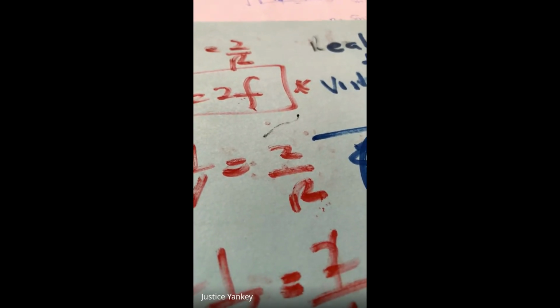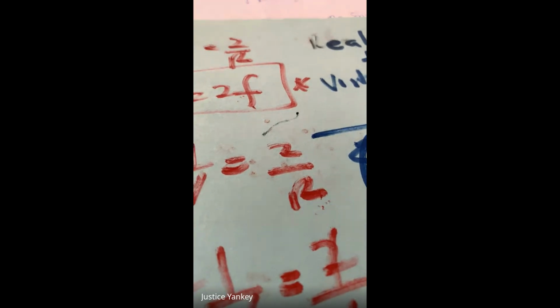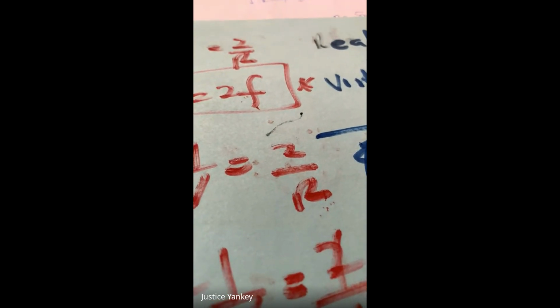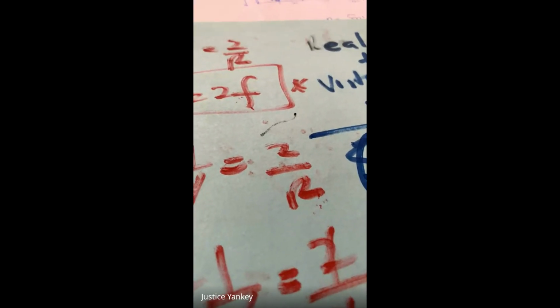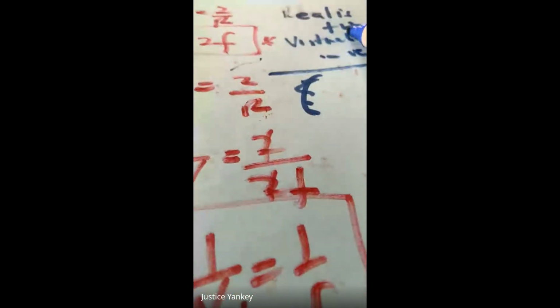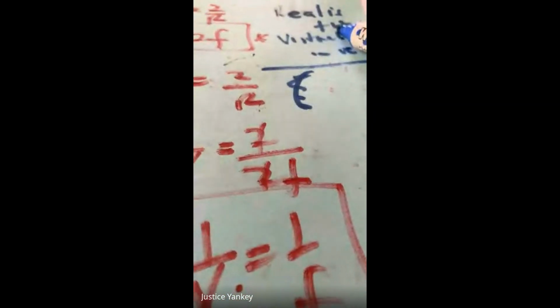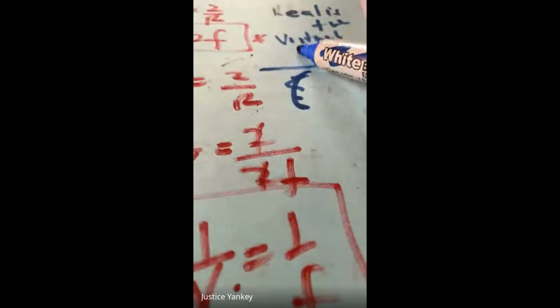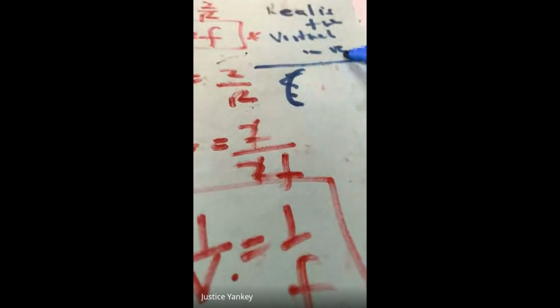A convex mirror always forms a virtual image. A concave mirror, in 5 different cases, forms a real image. Only 1 case forms a virtual image. To apply this formula to solve any problem, the convention is that real is positive, and by implication, virtual is negative.